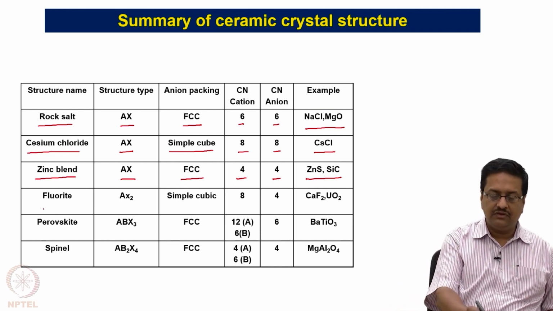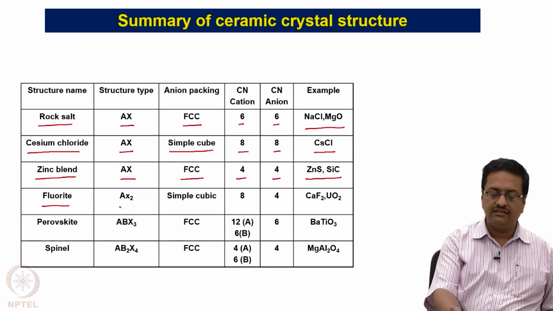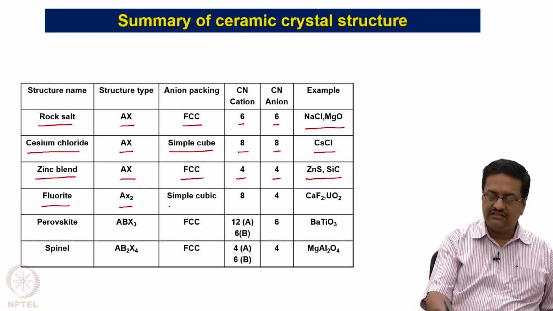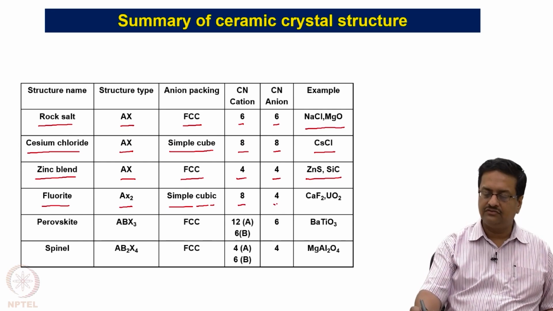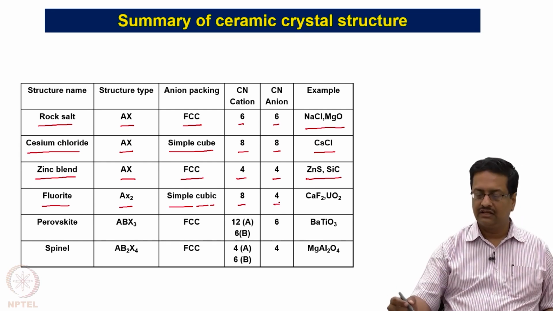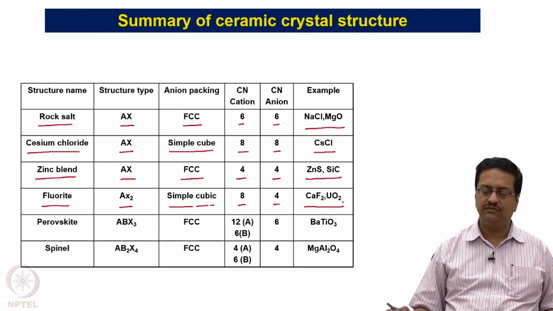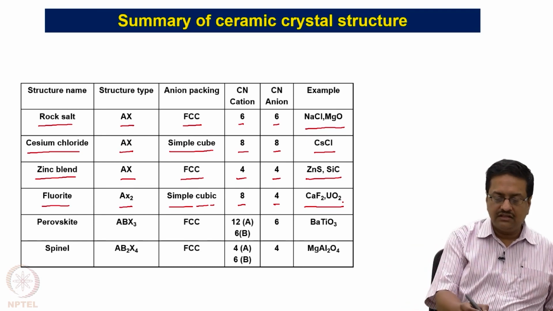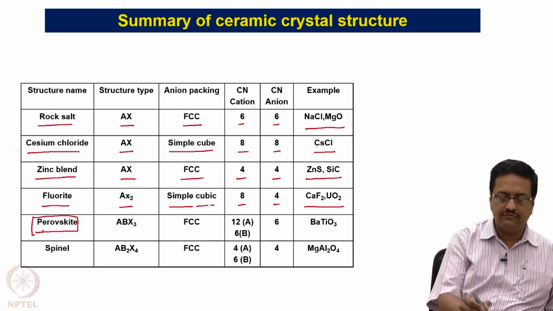The next type that we have seen is a fluorite structure. It has a general formula AX2. This is again a simple cubic structure with 8:4 coordination, and calcium fluoride and uranium oxide are two examples of such structure. We have not discussed perovskites, which I would like you to read yourself.